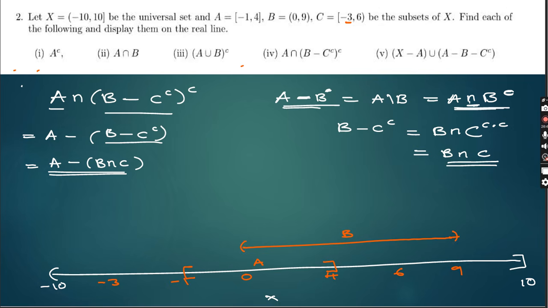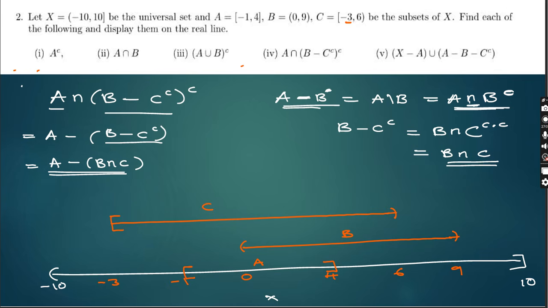What about set C? Set C is running from -3 to 6, and -3 is included, but 6 is not included. This is our set C.